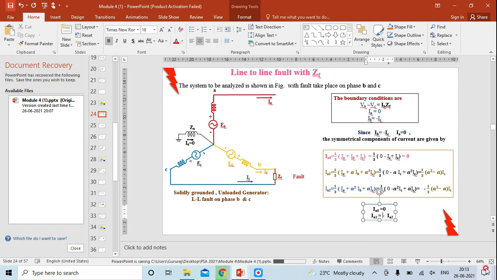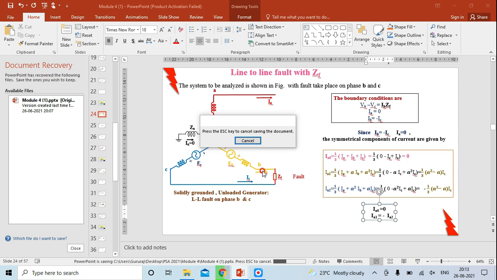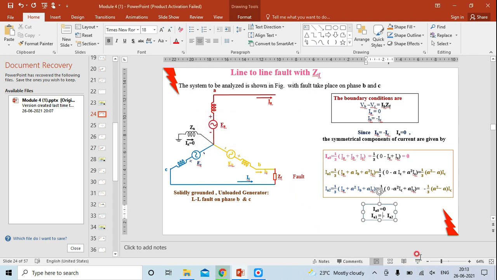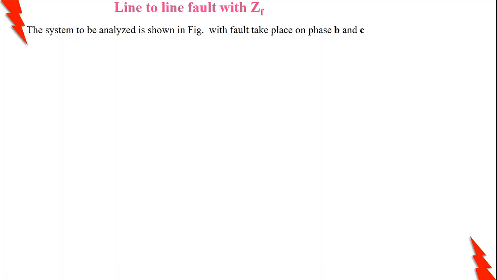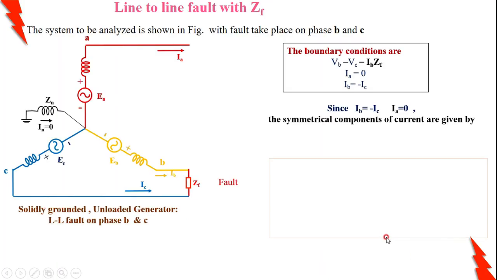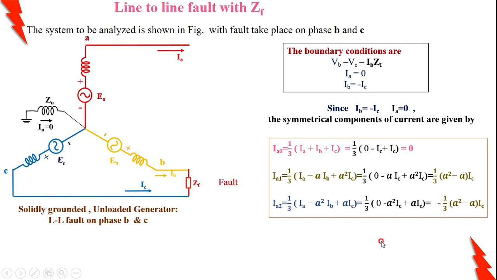That is the set of relations between the sequence currents I am getting: IA0 is 0, IA1 is equal to minus IA2.